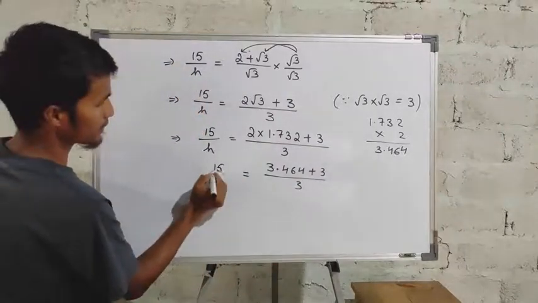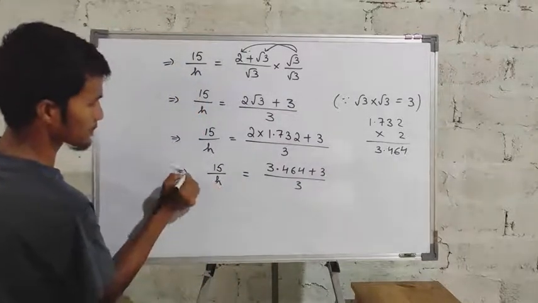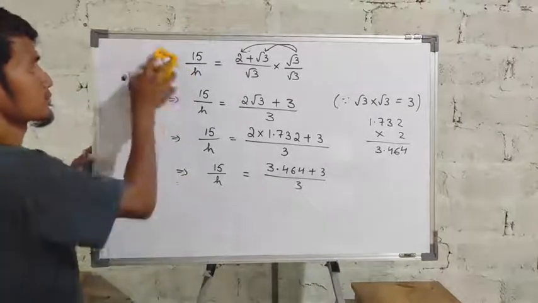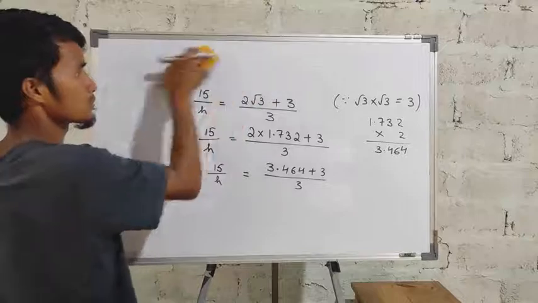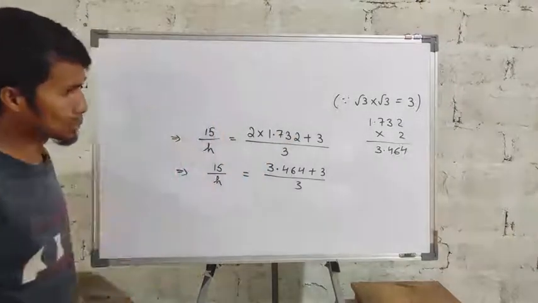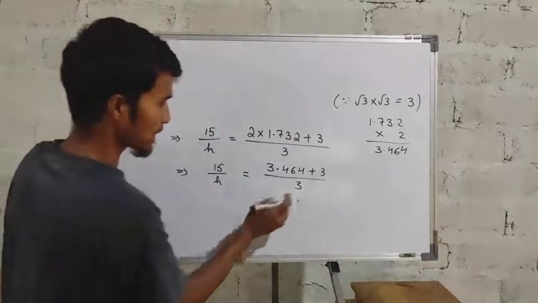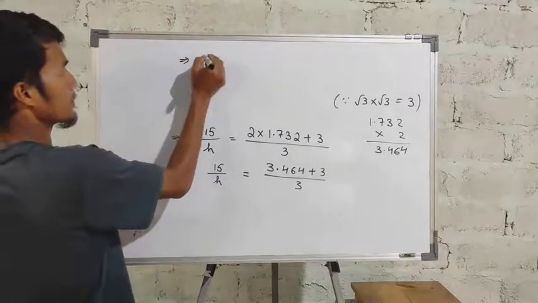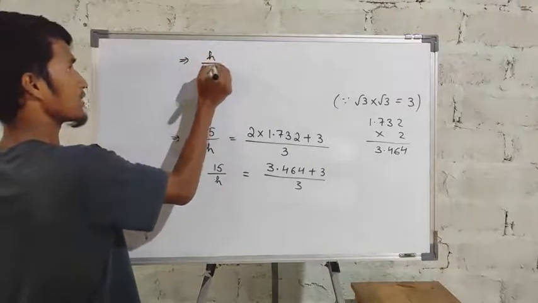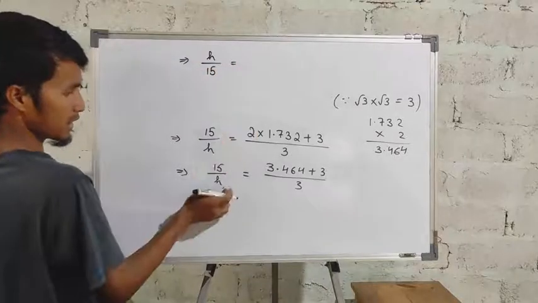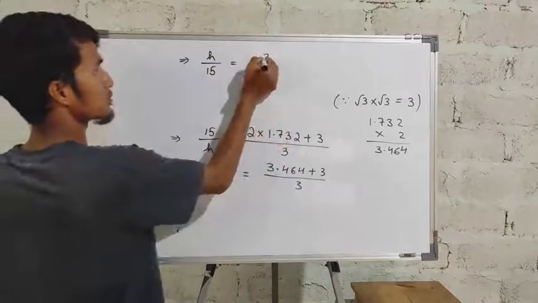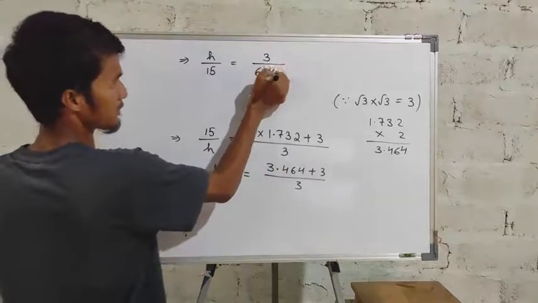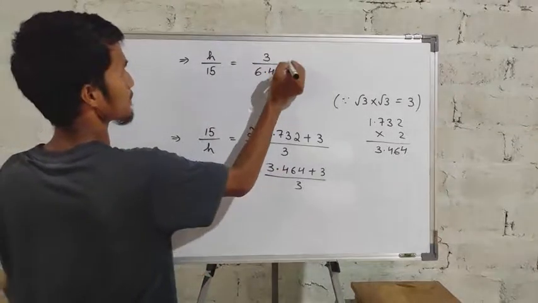And 15 by h. Now we can find h from here. Then plus 3 becomes 6.464. Okay, I will interchange it. h by 15 is equal to 3 by 6.464.